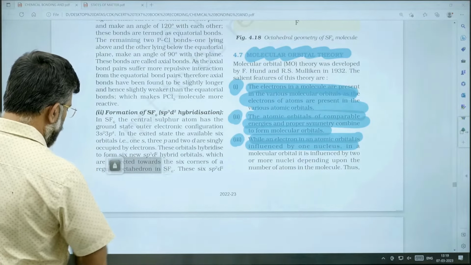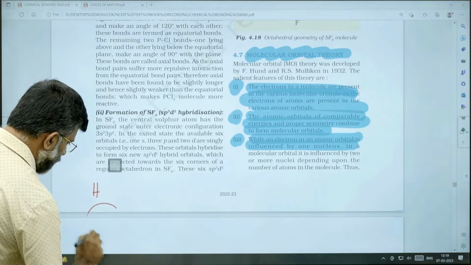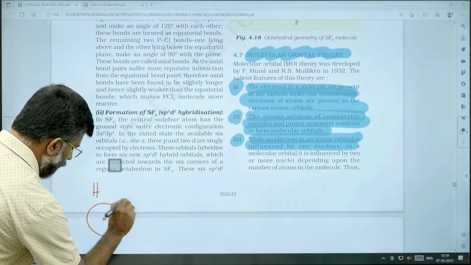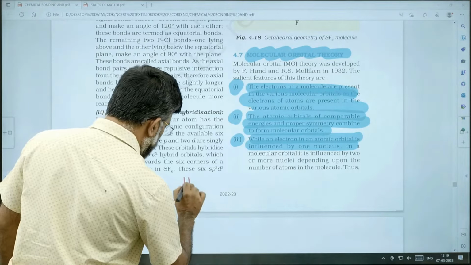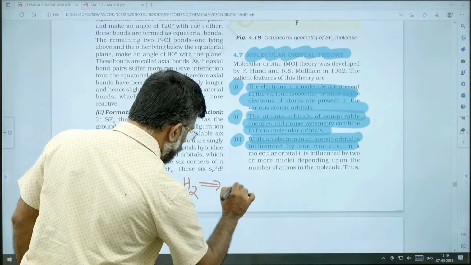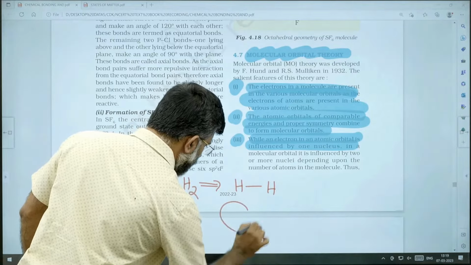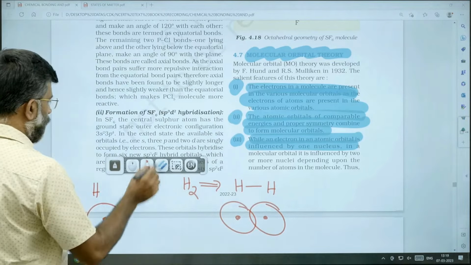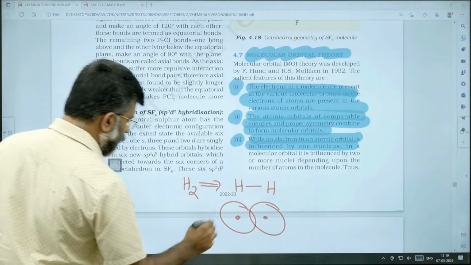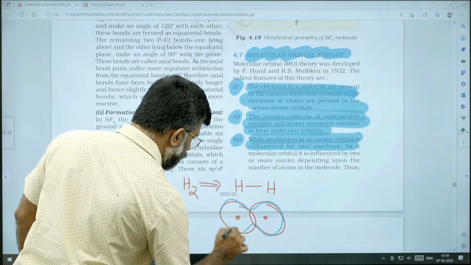You see, this is a hydrogen atom, and this electron is governed by one nucleus. What about the hydrogen molecule, H2? All of you know it is H-H. You can very well understand the electronic system is governed by two nuclei.